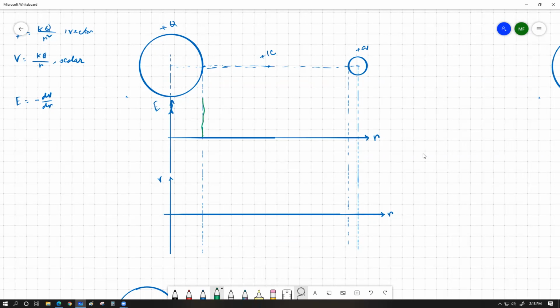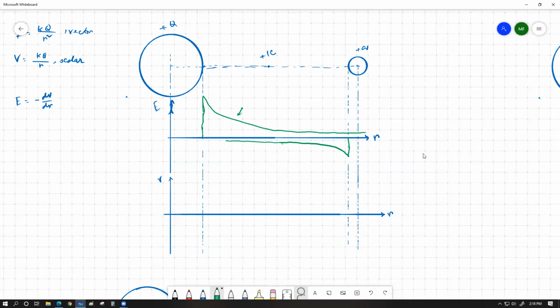Okay, asymptote. And because the force of this plus Q charge is going to be opposite on the unit positive charge, this is going to be like that, but it's going to have a smaller peak than this one because this has a small magnitude of charge. That's why I'm trying to represent it by a bigger sphere and a smaller sphere. So this is going to be that thing.